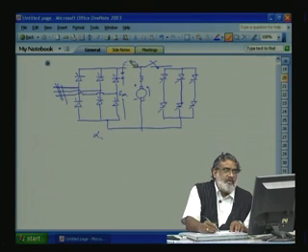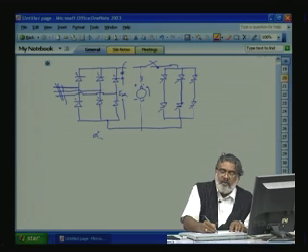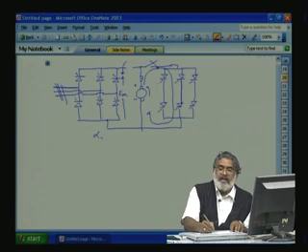So, what happens? Now, current is 0, the machine will slowly send current in this direction. Okay. So, we can control this firing angle such that this voltage is controlled. So, this converter is working in the inversion mode.